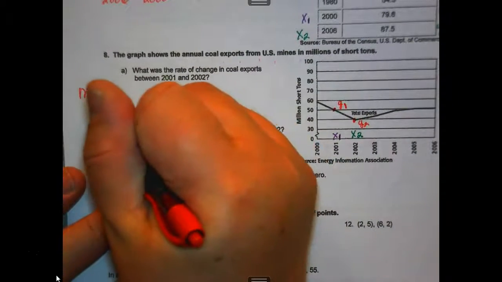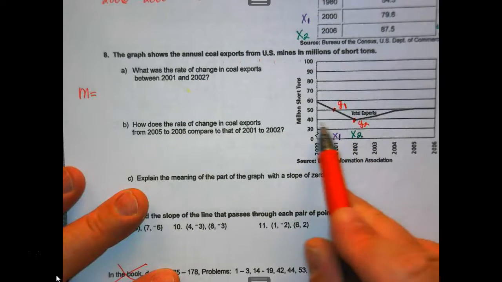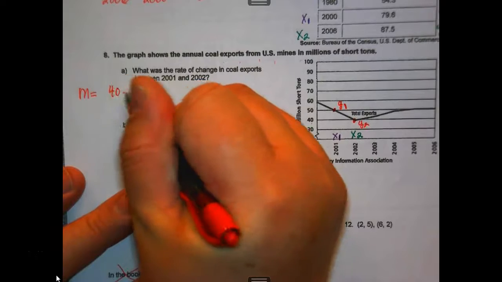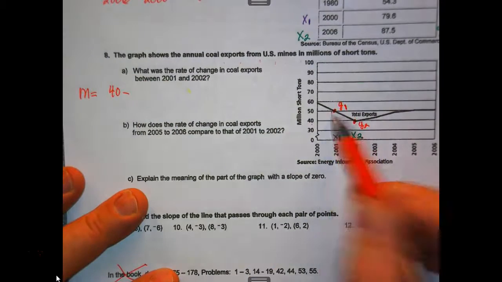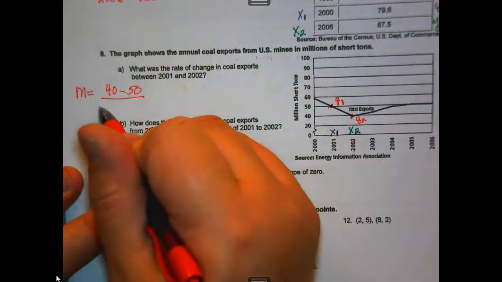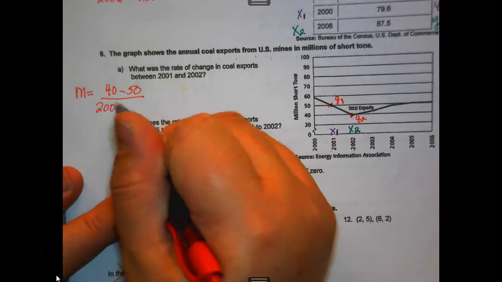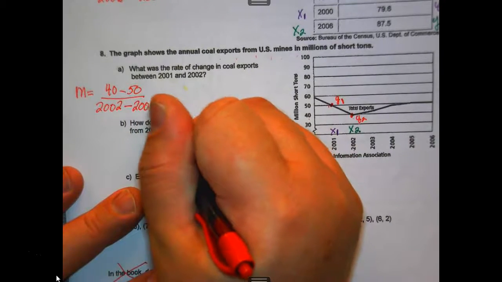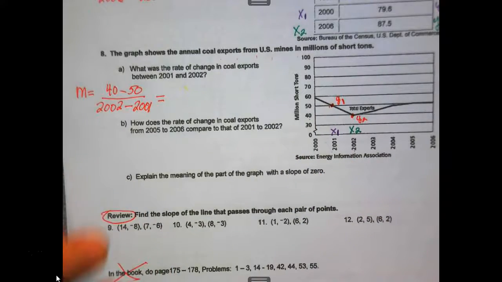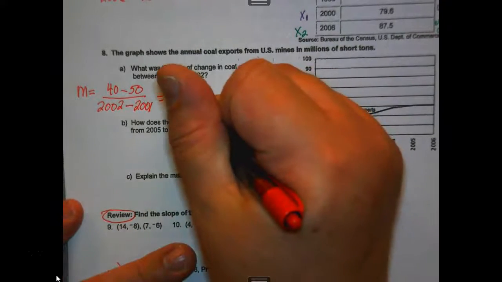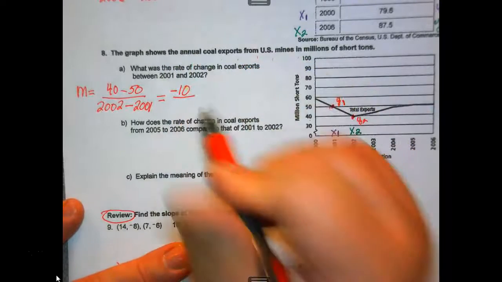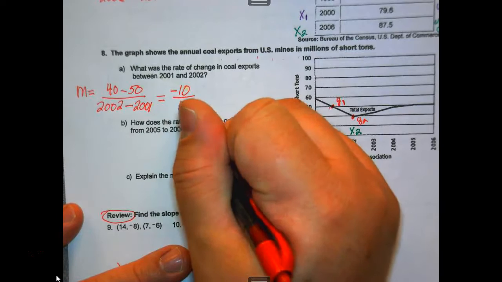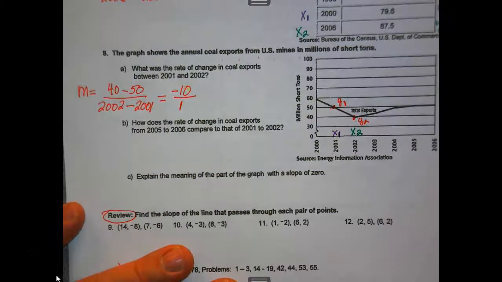Okay, my slope. Y2, which is 40, minus my Y1, which is 50, all over X2, which is 2002, minus X1, 2001. 40 minus 50, that's right, kids, negative 10. 2002 minus 2001, that's right, kids, 1.